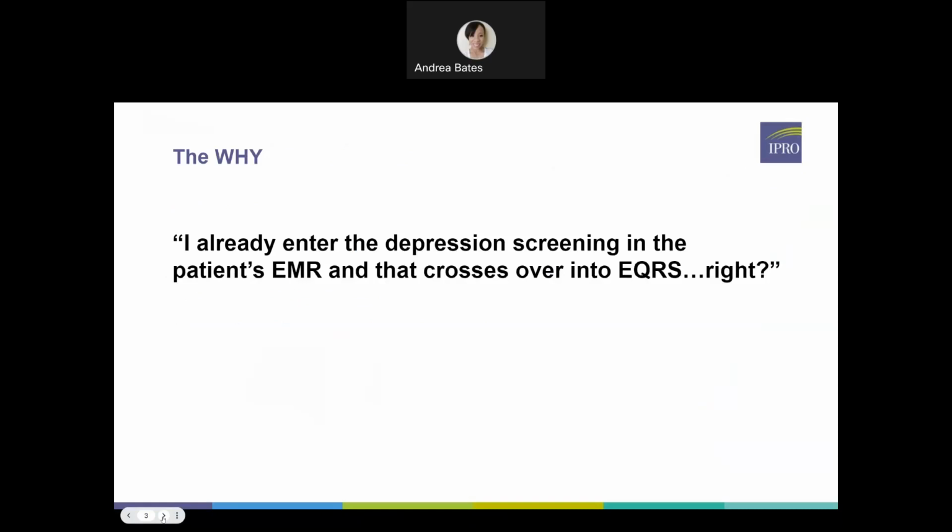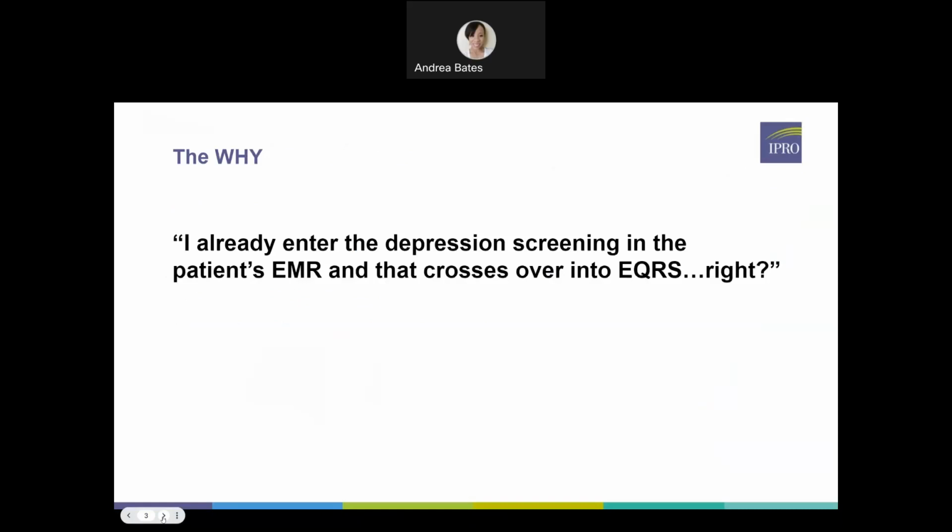You may be thinking why. For those of you following any of the work that the network does, you've probably received various bits of information on how to document a depression screening in EQRS. So you're probably thinking, well, I already entered the depression screening in the patient's EMR, and that crosses over into EQRS, right?